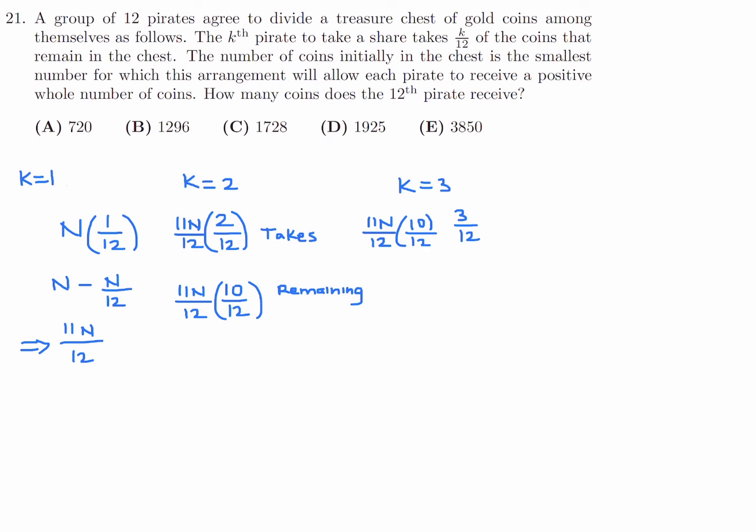That is what he takes. What he does not take is what is remaining. If he takes 3 over 12, he does not take 9 over 12. So that's what's remaining. So hopefully you might be seeing a pattern here. I'll do a few more just in case you're not.